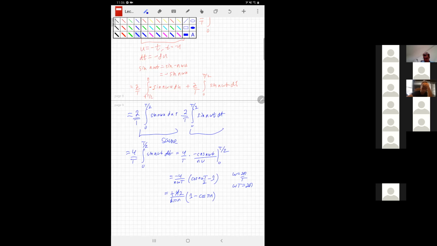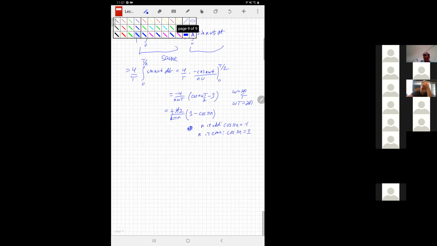And let's see here. If n is odd, cosine of pi n is -1. If n is even, cosine of pi n is +1. So cosine of pi n is -1 to the n.